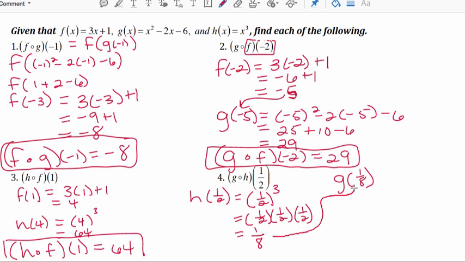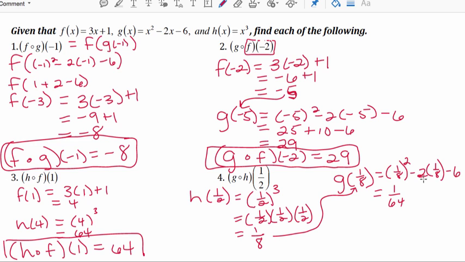That goes into that. And where's my g function? G is x squared minus 2x minus 6. So 1/8 squared minus 2 times an 8th minus 6. Okay, so 1 over 8 times 1 over 8 is 1 over 64.